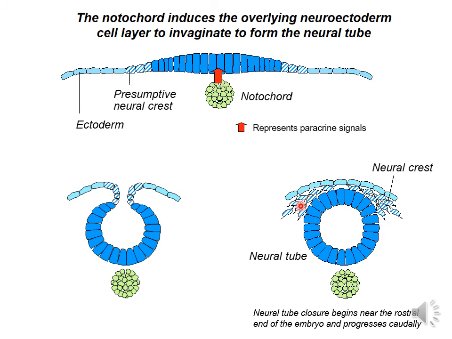Then the neural crest cells, as you can see here, appear at the edges of this plate. After closure of the tube, these cells will detach from this area and take their pathway in their migration, and they will give certain structures of the embryo.